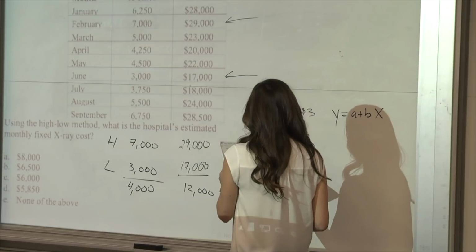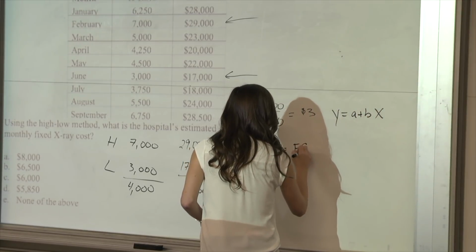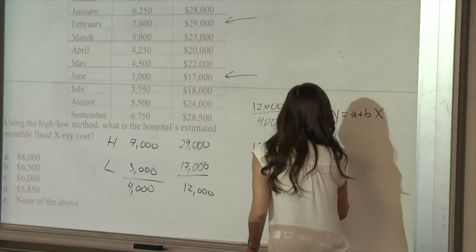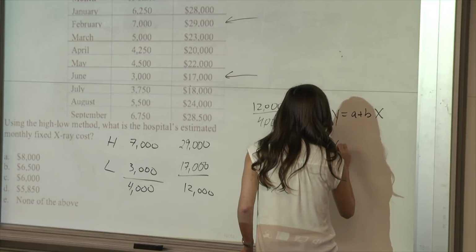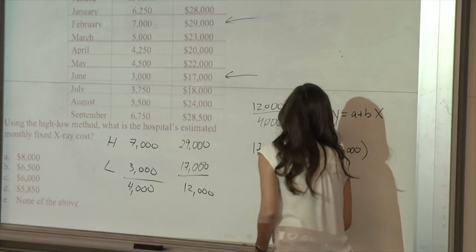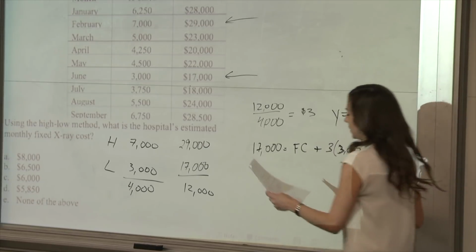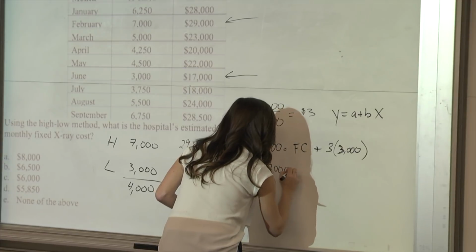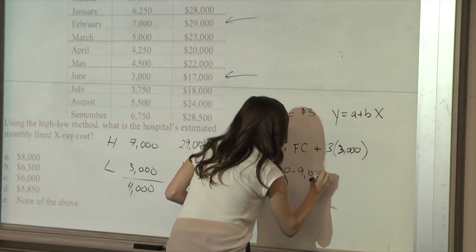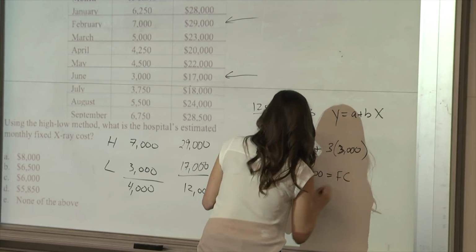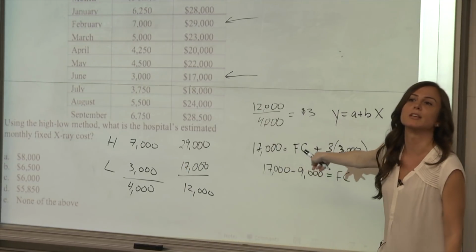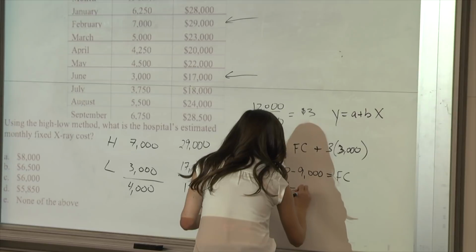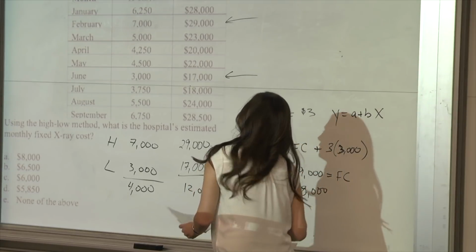That's just given information. We don't know the fixed costs yet. And then we already calculated our variable cost of $3, and we know the number of units. So if we solve for this equation, then we'll get FC, I'm abbreviating, it's fixed cost, right? So we'll get the fixed costs of $8,000.